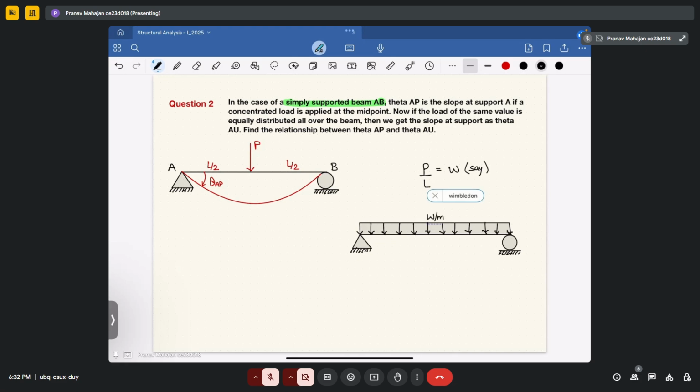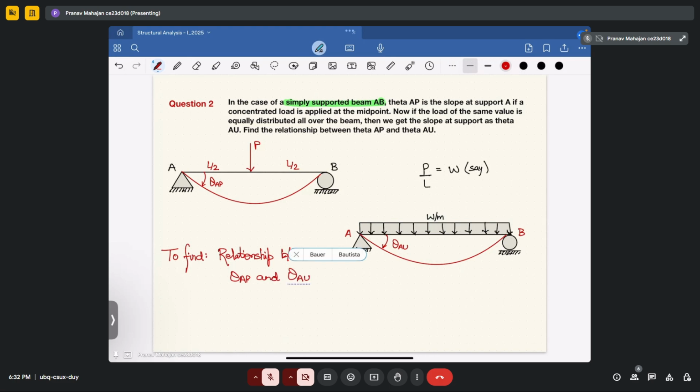Okay, so this is also, we have theta A and theta B, and in this case he is telling you that the deflection profile has slope theta AU at support A. Now we have to find, so to find, in this case you have to find the relationship between theta AP and theta AU.